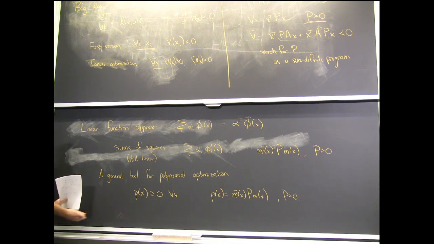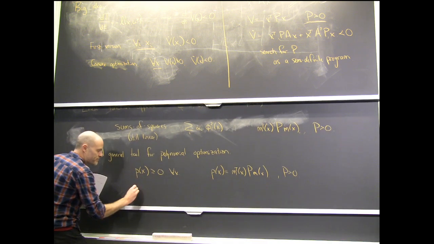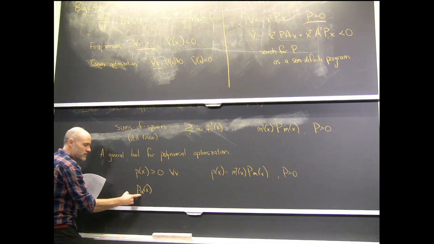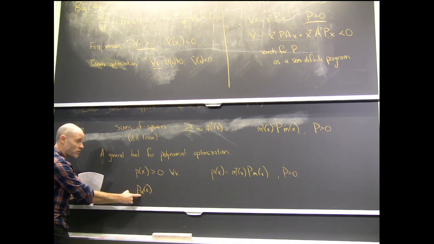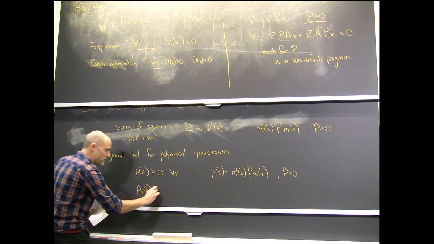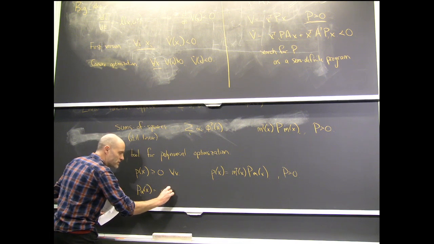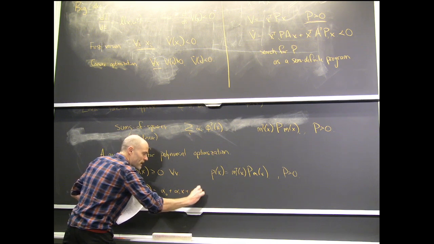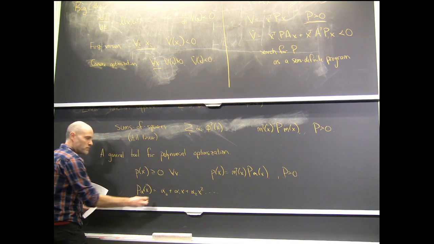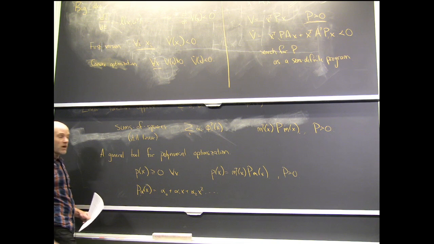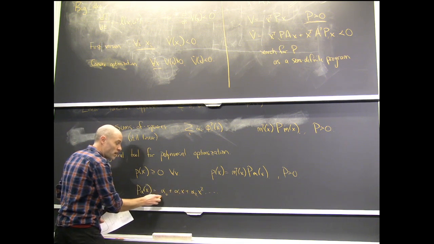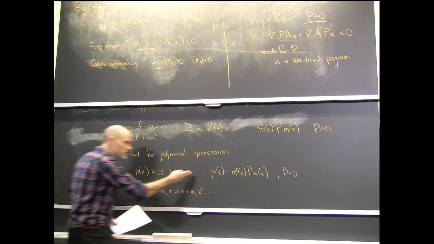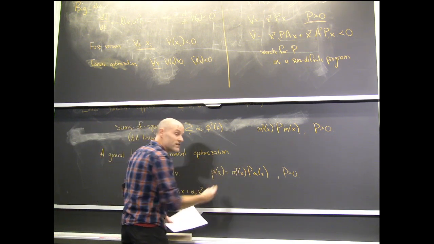Even more so, if we want to search over the coefficients of the polynomial, like alpha 0 plus alpha 1 x plus alpha 2 x squared, if the coefficients of the polynomial are unknown, it turns out that coefficient matching still works.